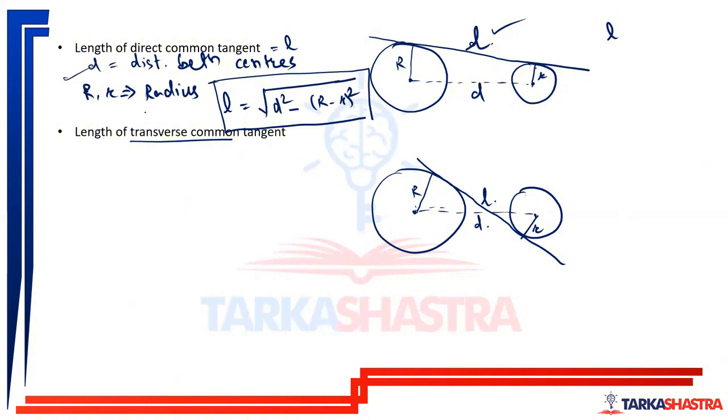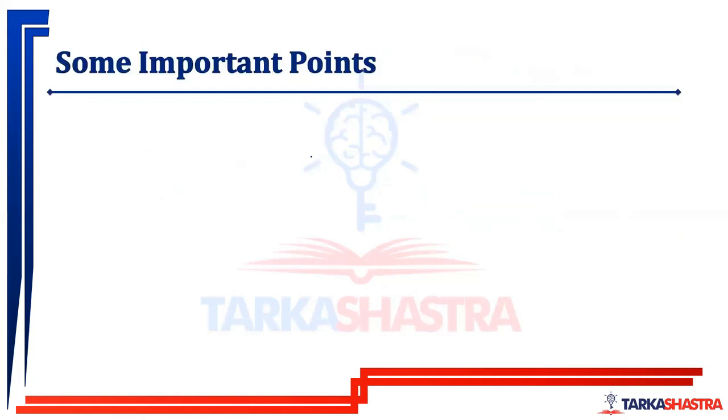Capital R and small r are the radii, and L is the length of the transverse common tangent. So L is equal to under root of D square minus (capital R plus small r) whole square. This is the length of the transverse common tangent.